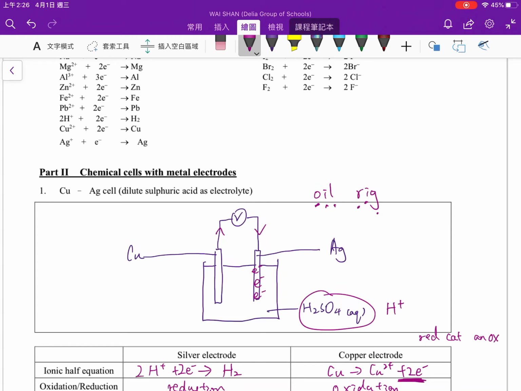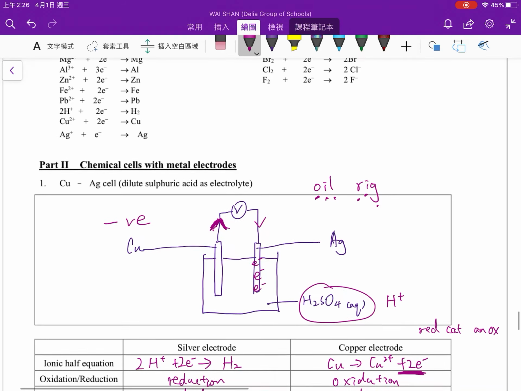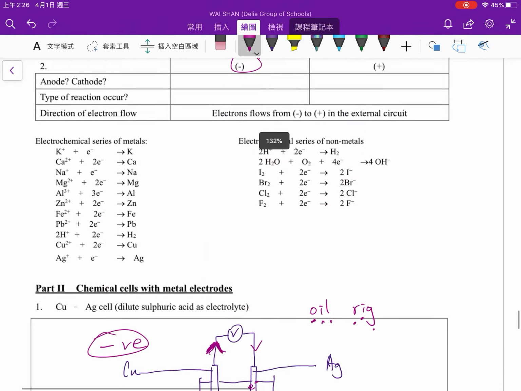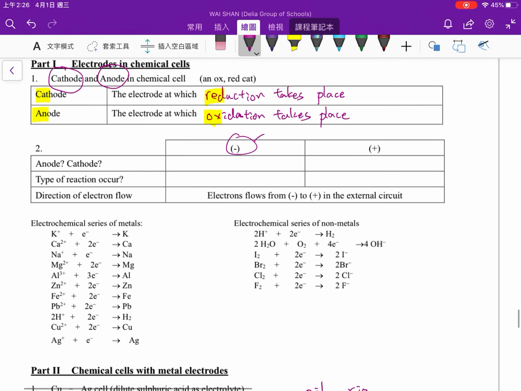So copper, because now the electrons are coming out from copper, so copper is the negative electrode, and we can check that copper is losing electrons. That means it's undergoing oxidation, so it's the anode. So for a simple chemical cell, the negative electrode will be the anode, because oxidation is taking place there.